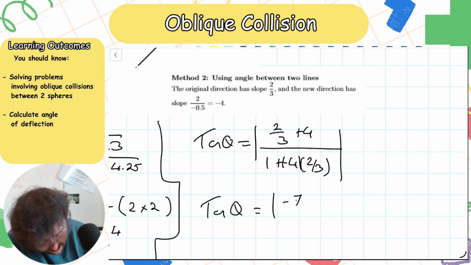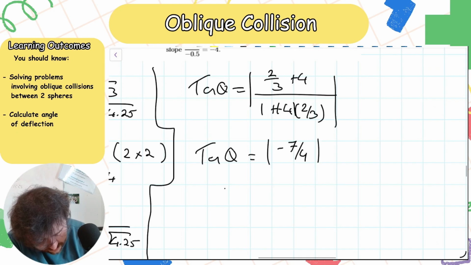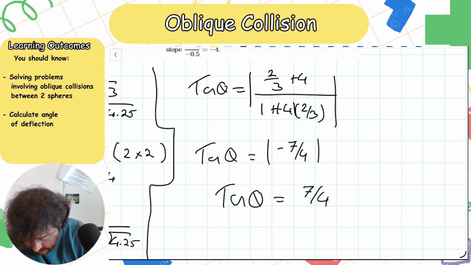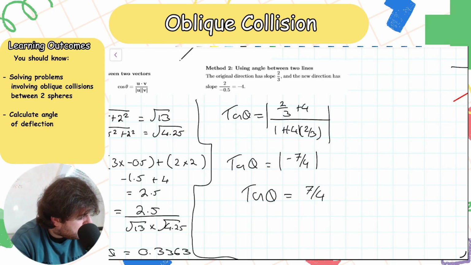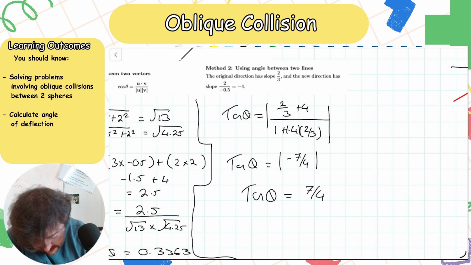It's going to be equal to minus 7 over 4, but with the absolute value, that gives me my acute angle. So tan theta is equal to 7 over 4. So tan inverse of 7 over 4, and that should give me my same answer. Let's see.